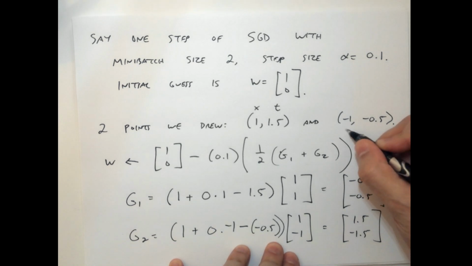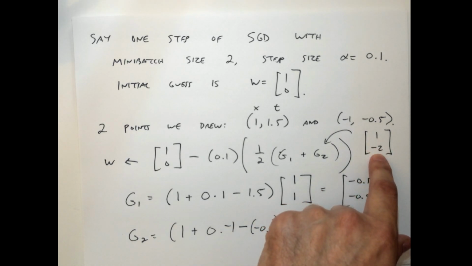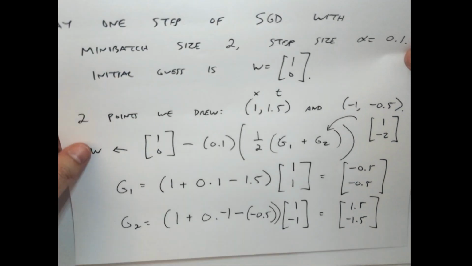Right? So the sum of these gradients is going to be 1, minus 2. So the average of them is going to be 0.5, minus 1.